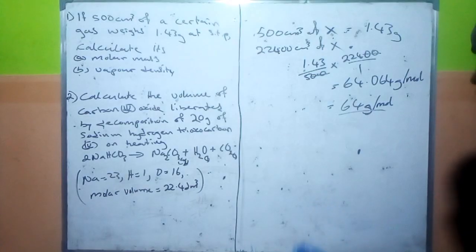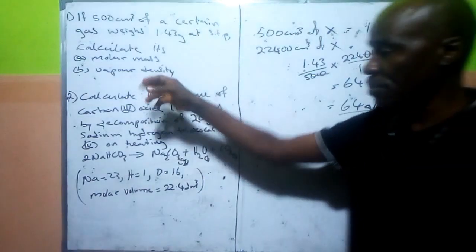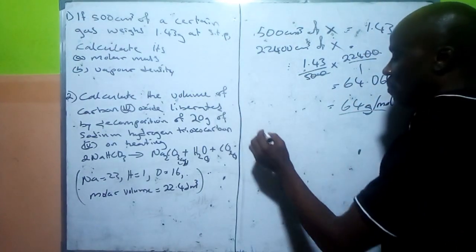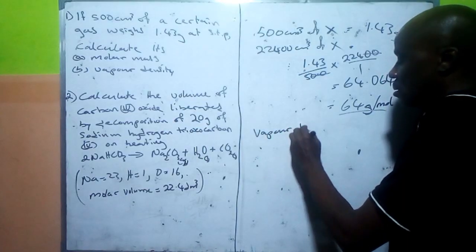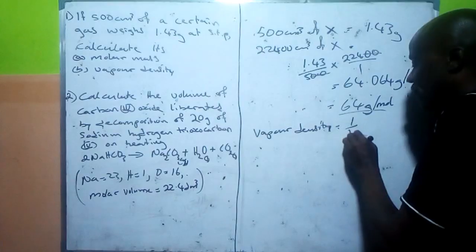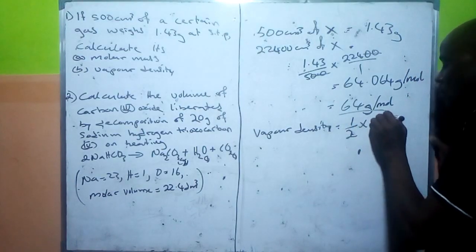So the next one we are going to do is to calculate the vapor density. To get the vapor density, vapor density is always equal to half times what? Molar mass.